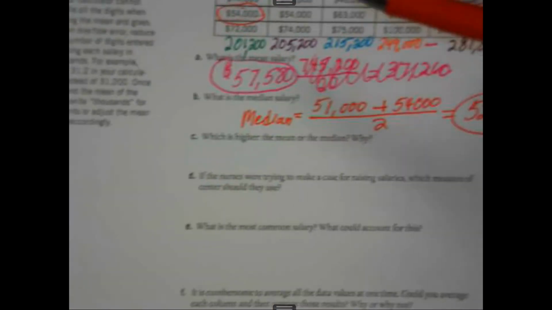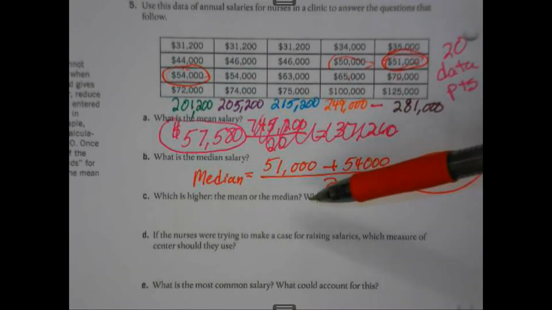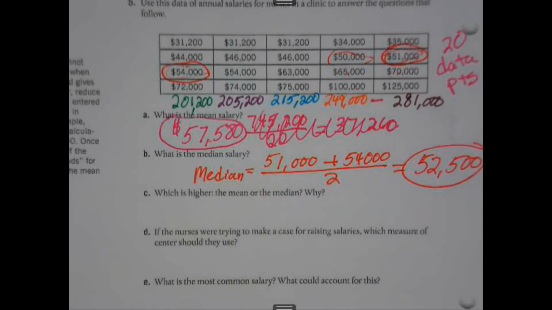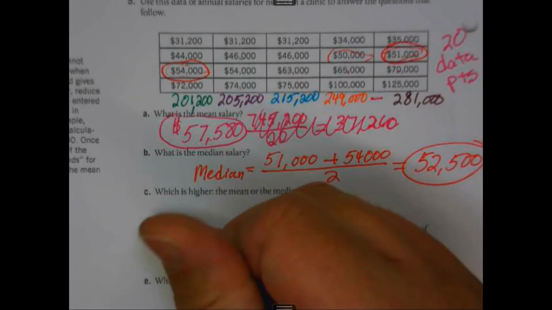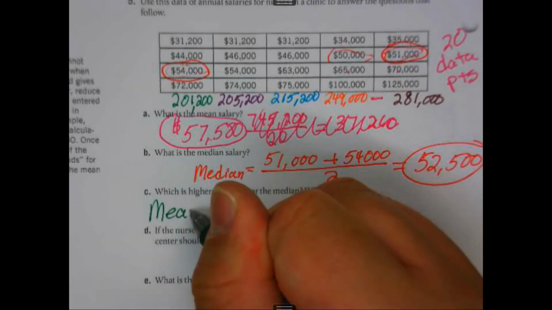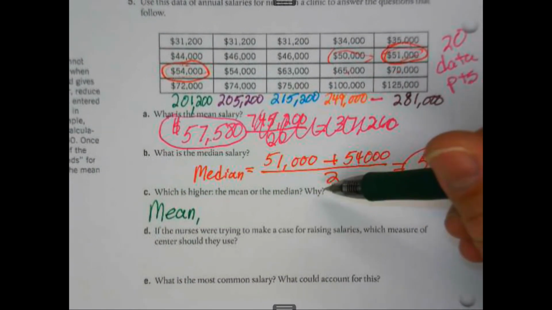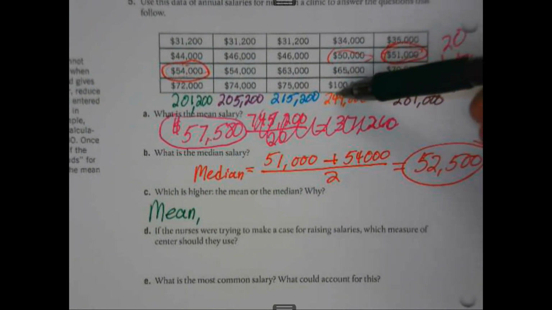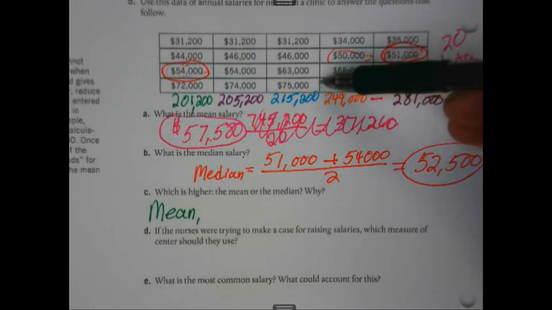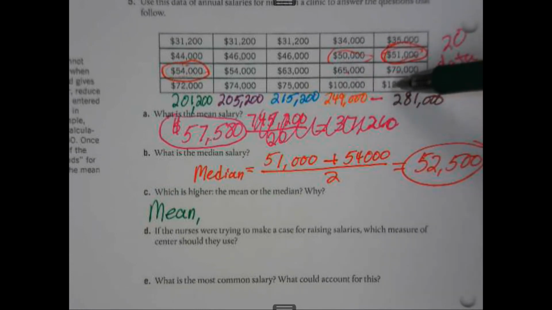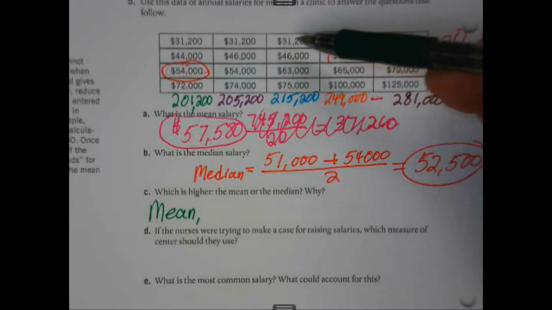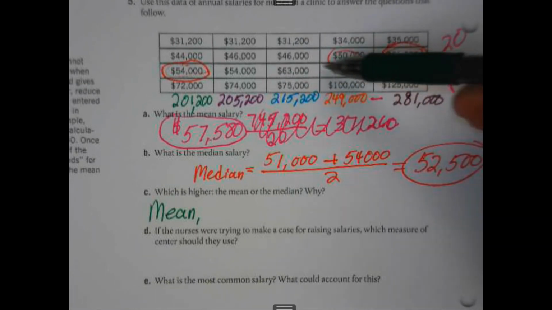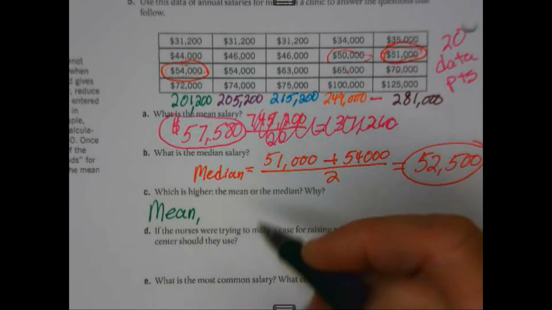Okay, which one is higher, median or mean? Let's see, mean. And it asks why. Well, mainly because of these 200,000 plus salaries, because it's skewing the data of the first, wow, more than half of the values.